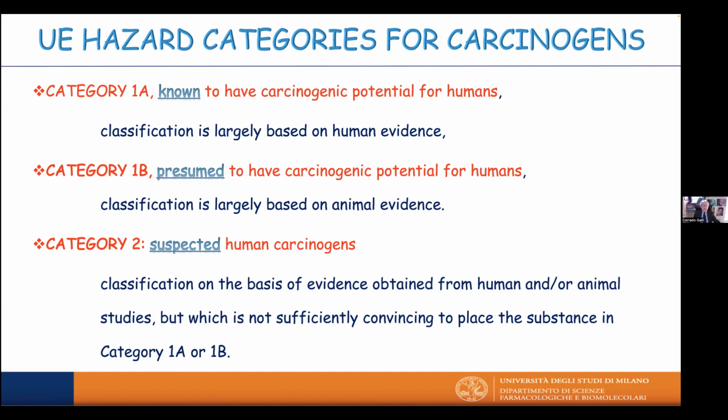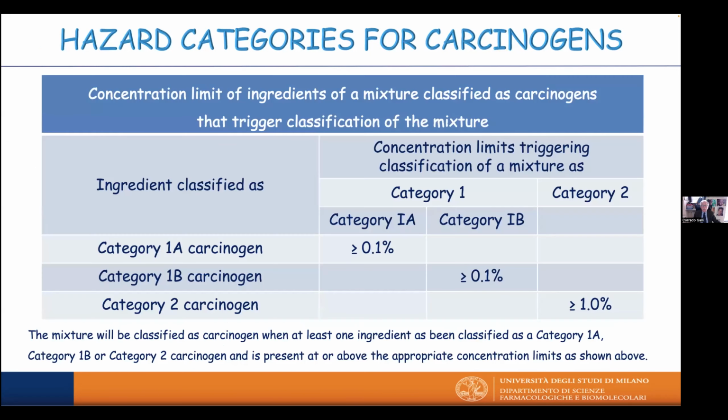So the chemicals are labeled 1A, 1B, or 2, and that can lead to a further classification if you have, for instance, a mixture. If your mixture contains an ingredient classified 1A or 1B, you have to classify your mixture as 1A or 1B if the percentage of that ingredient is more than 0.1%.